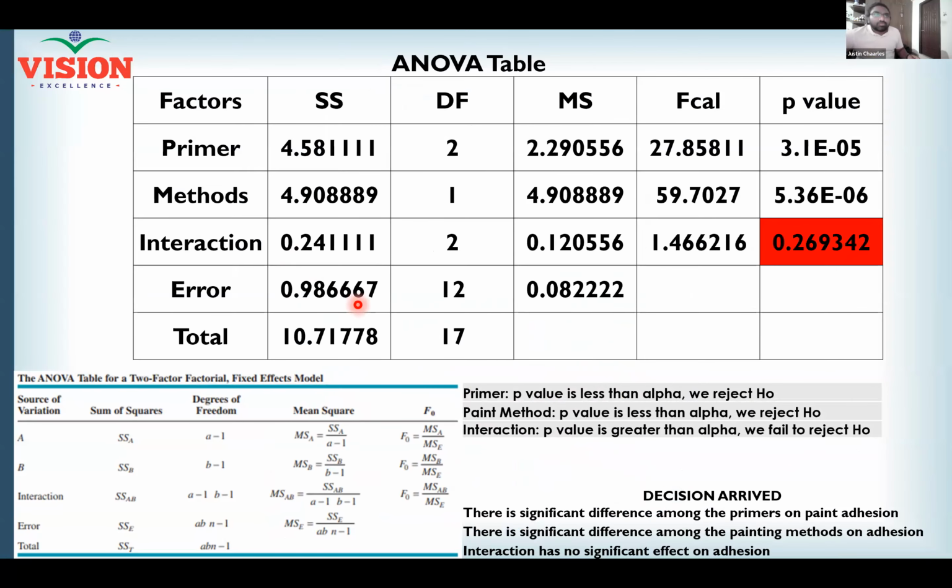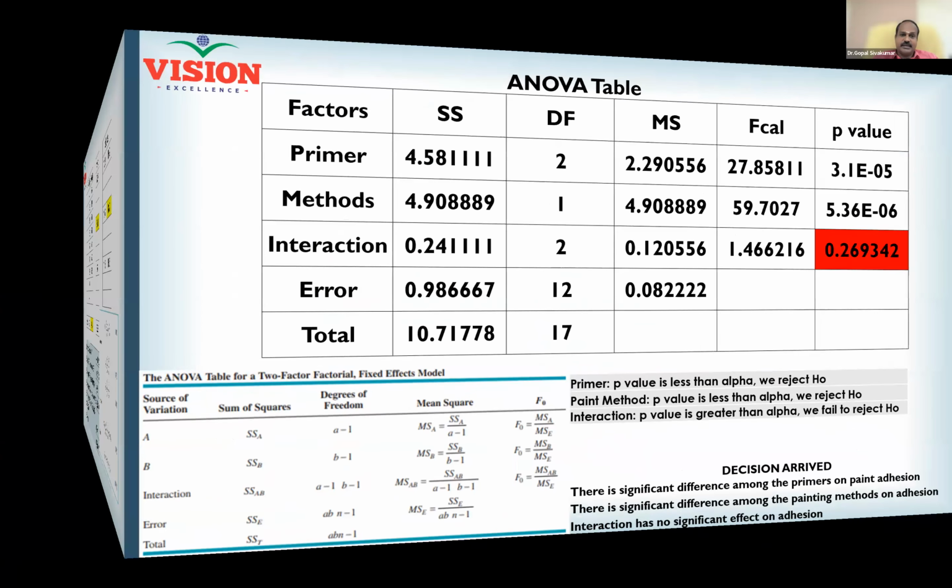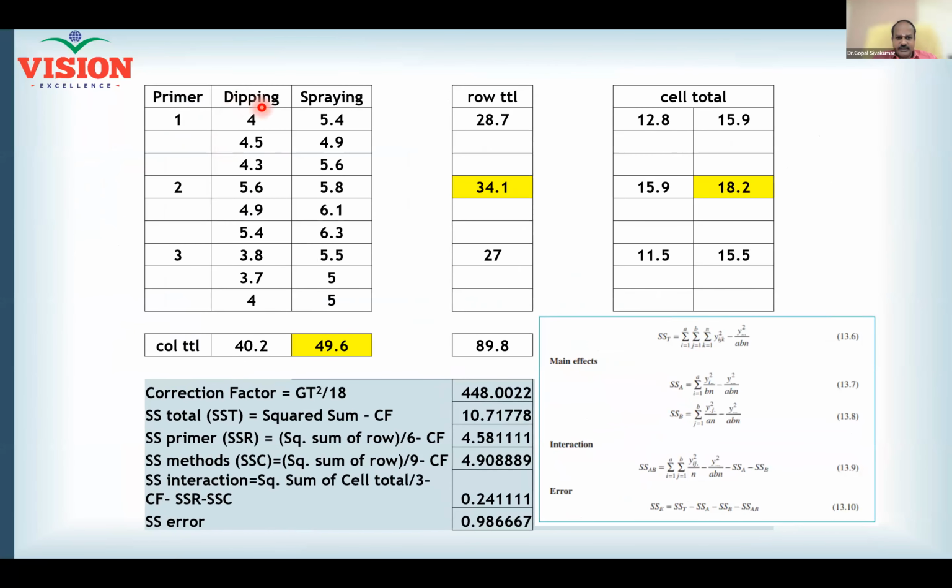0.24. In order to calculate interaction, see here, the first three numbers are summed here. 12.8. The sum of the first three represents the primer 1 dipping combination. The sum of these three represents what?